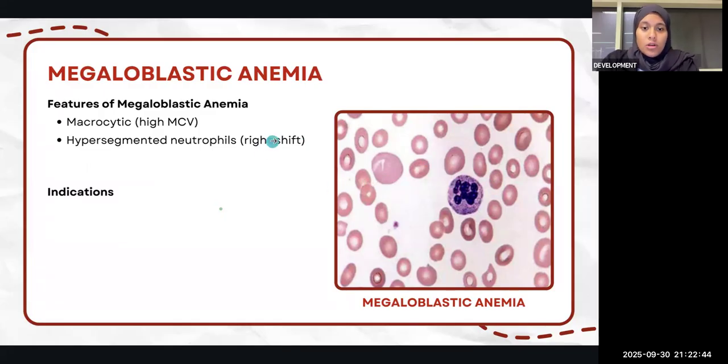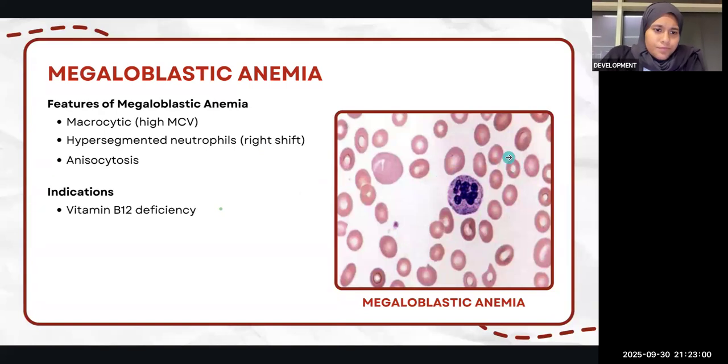Left shift, toxic granulation. Right shift, hypersegmented neutrophils, more than 5 lobes. Here you have 1, 2, 3, 4, 5, 6 or 7 lobes. So that's right shift neutrophilia. You also see some anisocytosis. The indication would be vitamin B12 deficiency and folic acid deficiency.